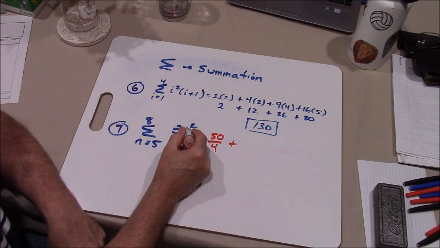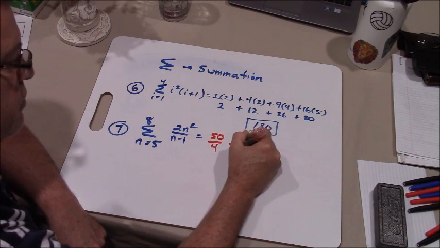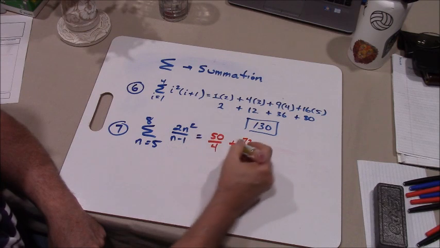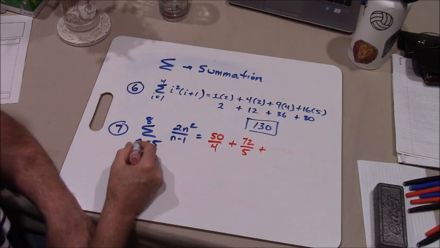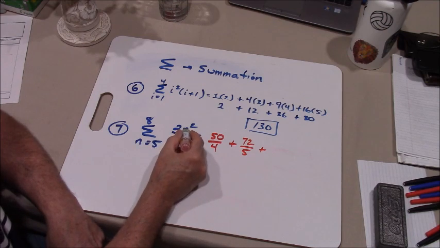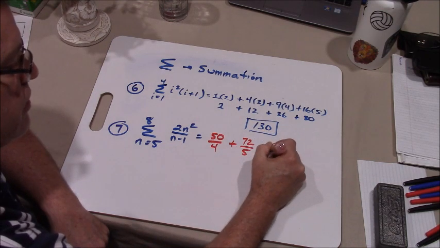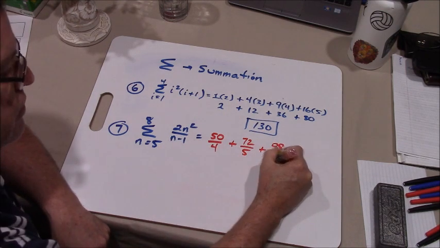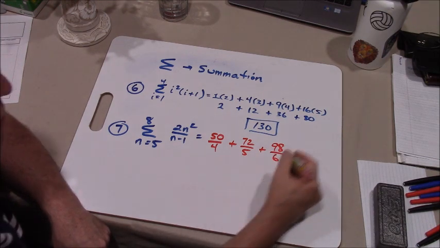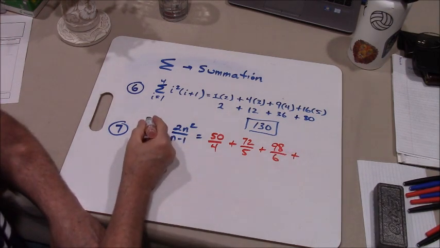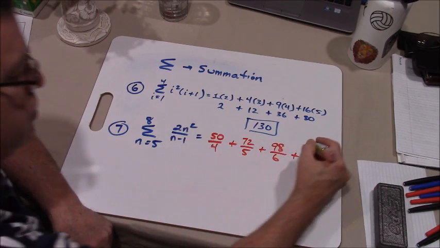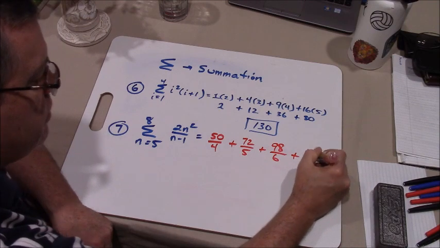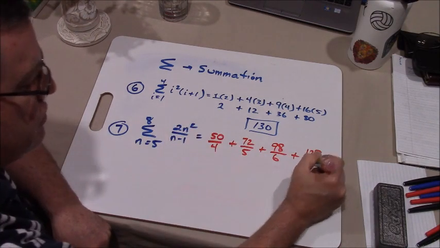So 6 squared is 36, times 2, that's 72, over 6 minus 1, that's 5, plus, now let n equal 7. 7 squared is 49, times 2, that's 98, over 7 minus 1, that's 6. Looks like that can be reduced. Plus, now I'll plug in an 8. So 8 squared is 64. Times 2, that's 128. Over 8 minus 1, that's 7.